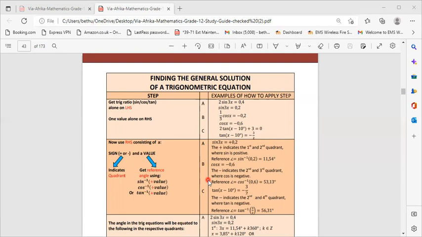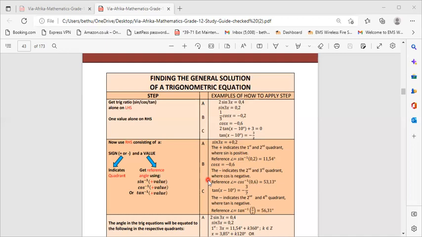The first example I will take you through is a trigonometric equation that says, find the general solution of 2 sine 3x is equal to 0.4.